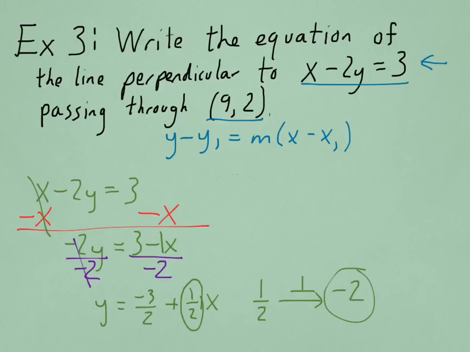So I could plug in and it would be y minus 2, that's the y1 from over here, equals -2 times quantity x minus 9, that being the x-coordinate. Well, there you have it. We'll do some more practice in class, and I'll see you guys later.